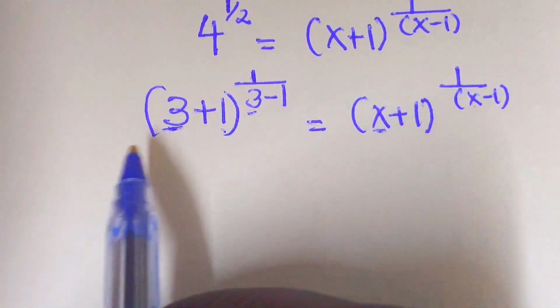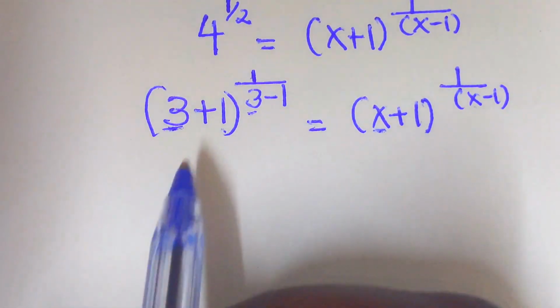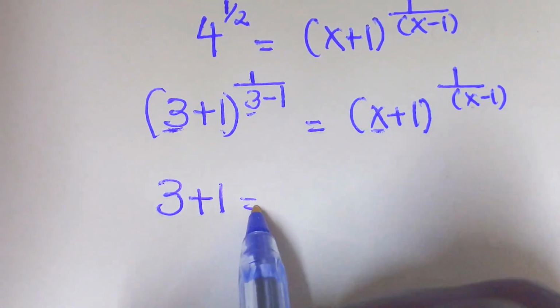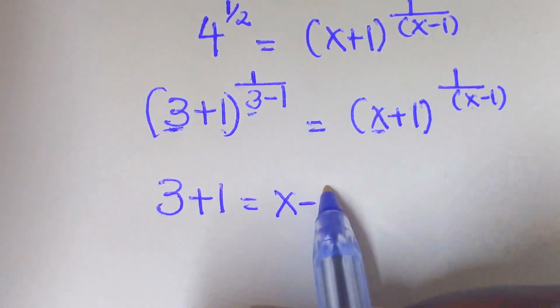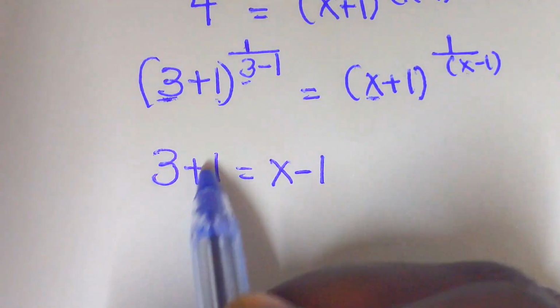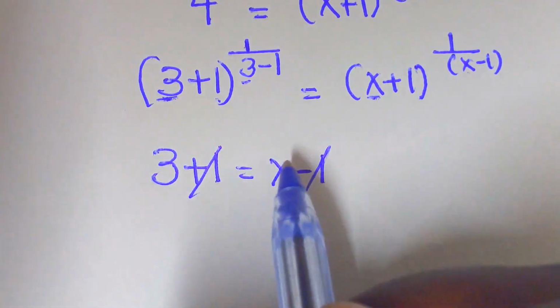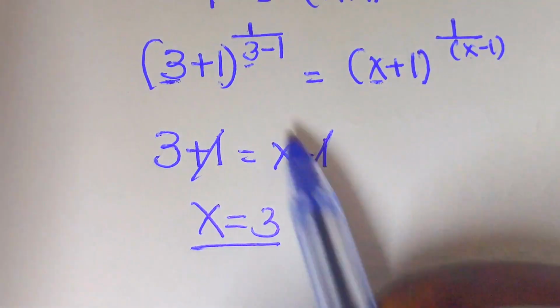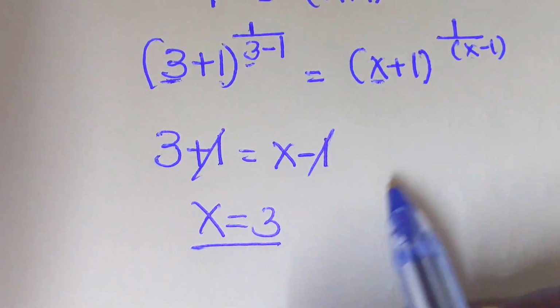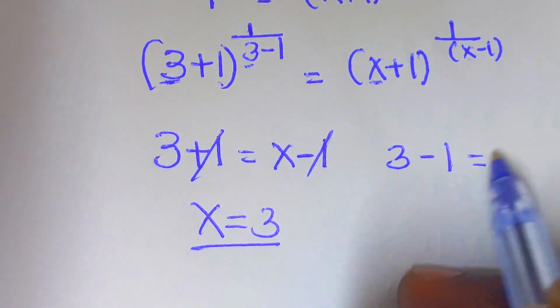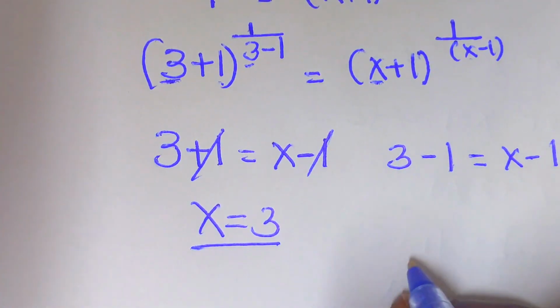So we can equate each other, so that here we have x plus 1 equals 3 plus 1, and this will give x equals 3. And if we equate the powers, we shall get 3 minus 1 equals x minus 1.